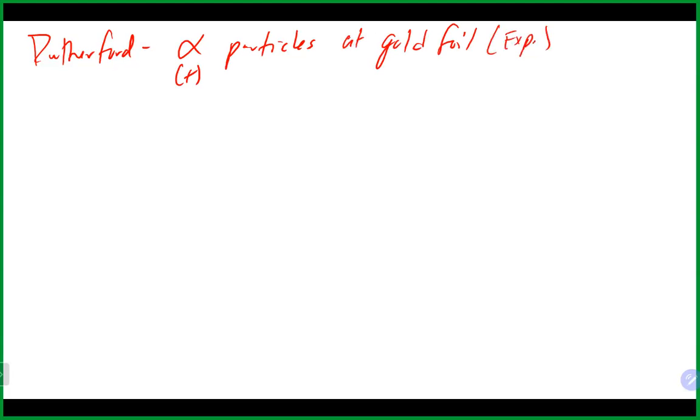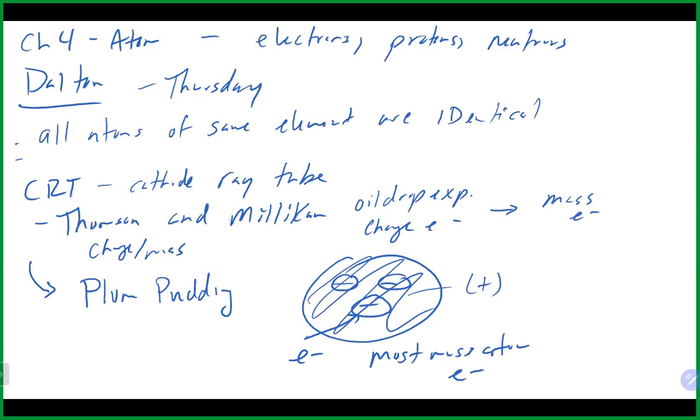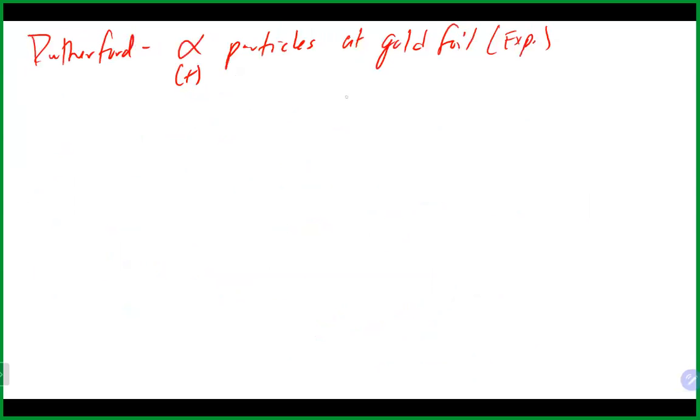What they expected to happen based off of this model was, because the alpha particles are positively charged, and the atom was a spread out positive charge, they expected them to go through because they're moving fast, but there should be some deflection. And Rutherford was really surprised that when he shot his alpha particles at pieces of gold foil, he mostly saw them just go straight on through with no problem.